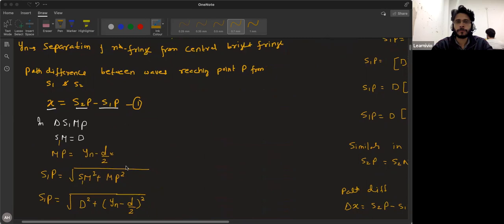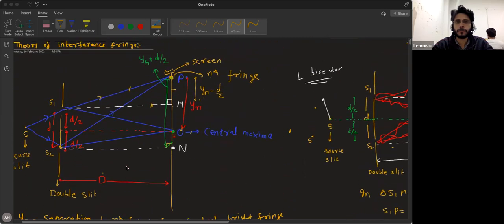Sir, can you show the diagram once again? Done, sir.